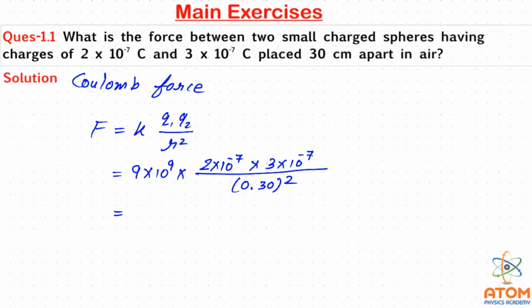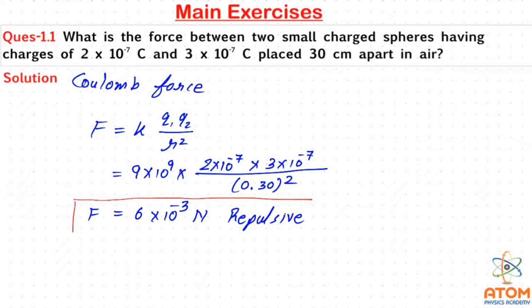Solving this we will get 6 into 10 raised to minus 3 Newton of force, and this force will obviously be repulsive because both the charges are positive. So here is the first answer.